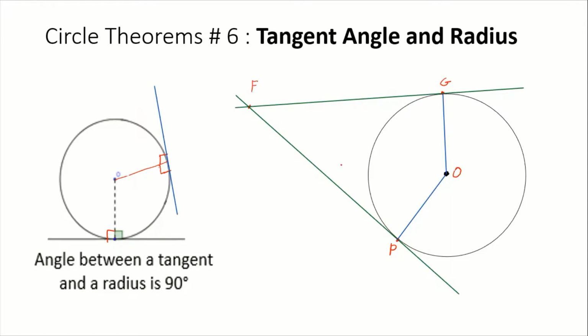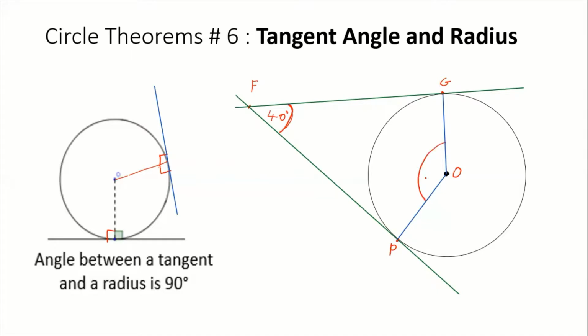The only thing that they give us here is that the angle right here at F is 40 degrees. And they want us to determine the angle right here at the center.